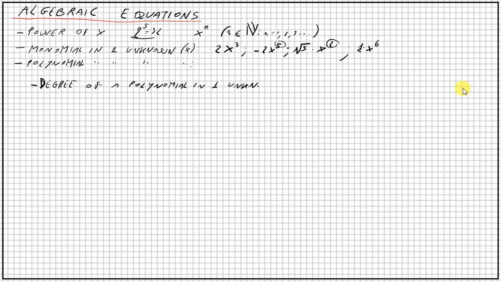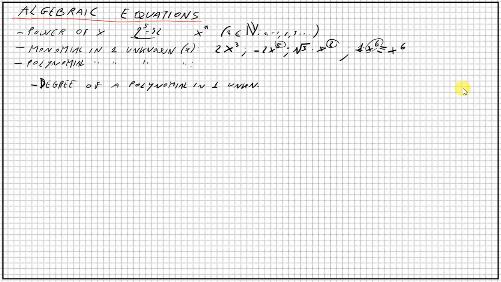So if you don't see a coefficient, it means the coefficient is there and it is 1. Why? Because multiplying any number, such as x to the power 6, by 1 leaves the initial number unchanged. So 1 times x^6 is the same as x^6. So these are all valid monomials.